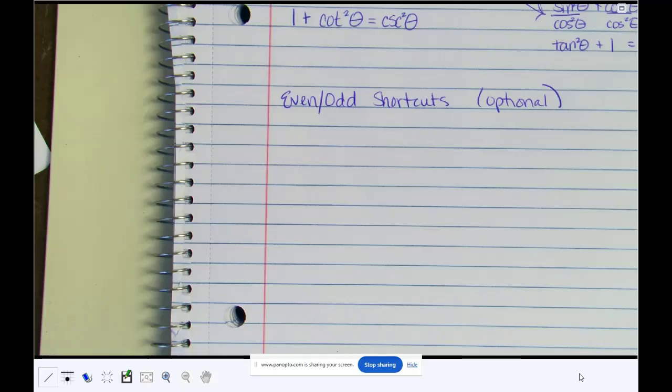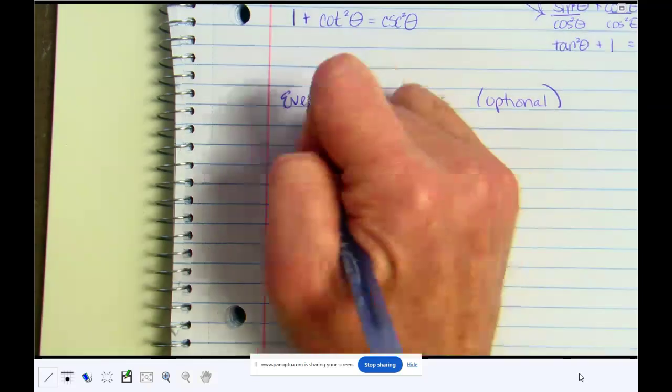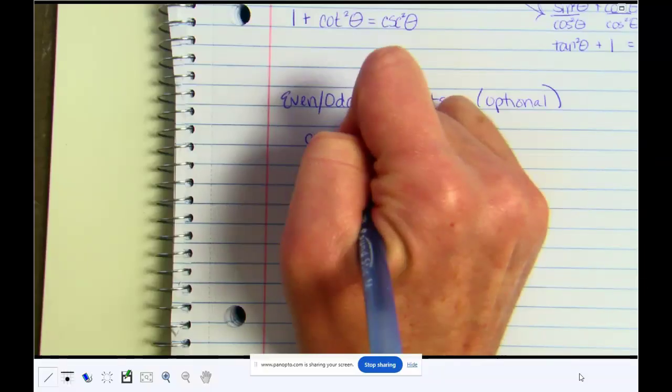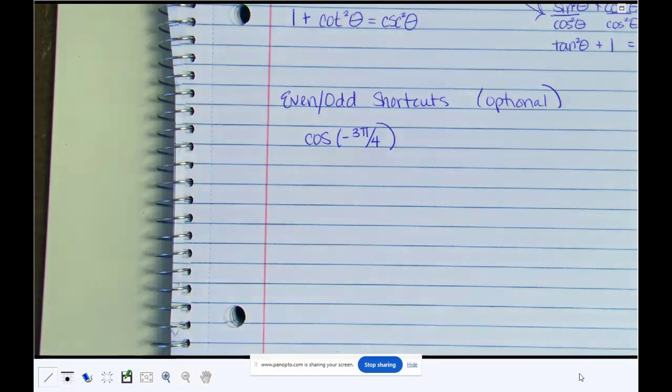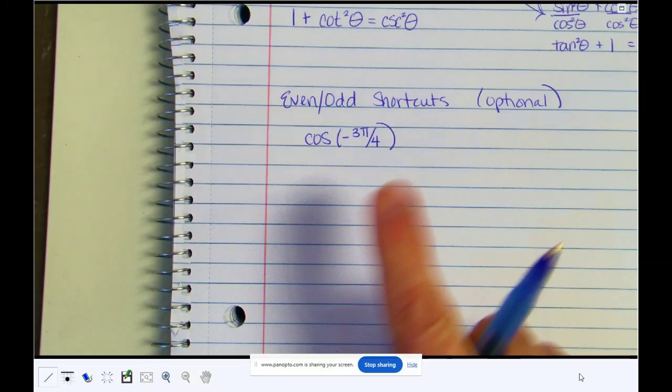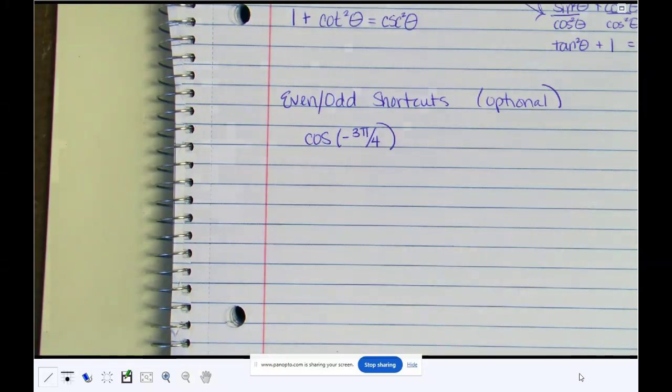So let's say that I asked you to find the cosine of negative 3 pi over 4. Now, based on what we did yesterday, what do you have to do to that? Add a pi. Find his coterminal angle, right? You find his coterminal angle.